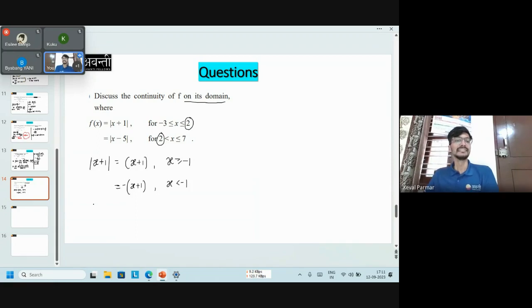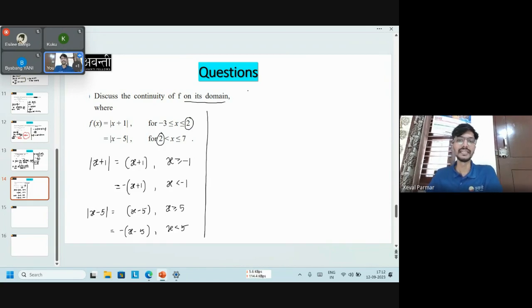Correct? Similarly, mod of x minus 5 will be x minus 5 if x is greater than or equal to 5, and will be minus of x minus 5 if x is less than 5.